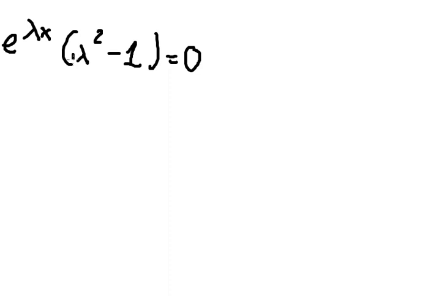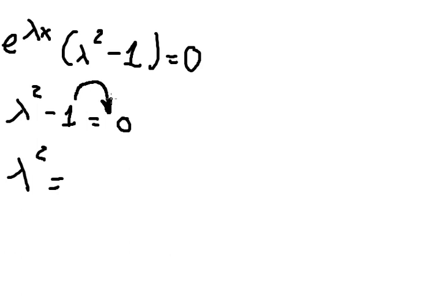So we need to find the solutions of this one. Because we don't have a real solution for this factor, we just cancel it. So I will put negative 1 to the right, and then we take the square root of both sides. So we have lambda equals 1 and lambda equals negative 1.